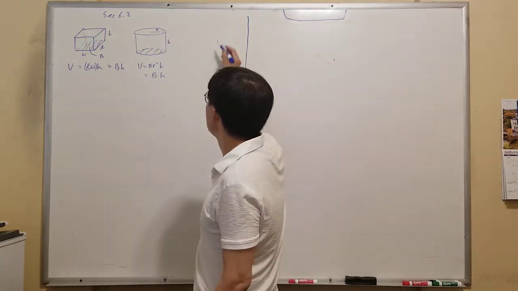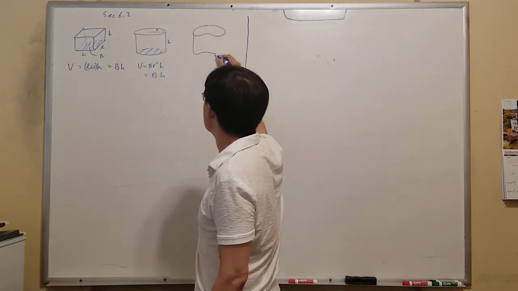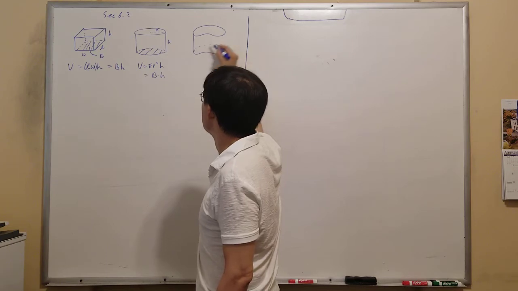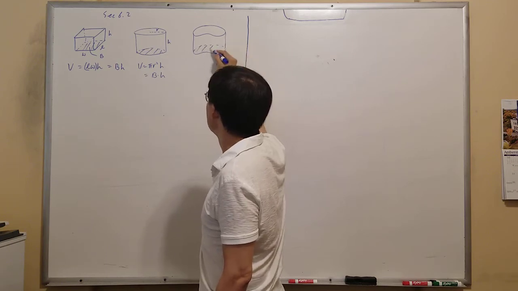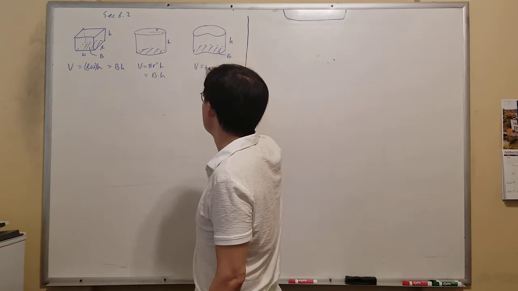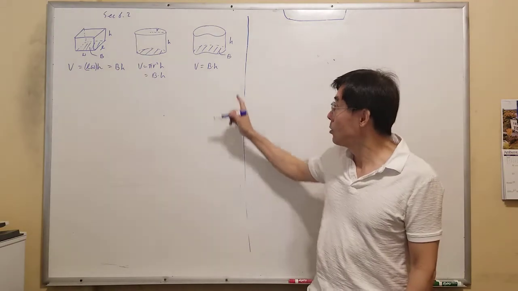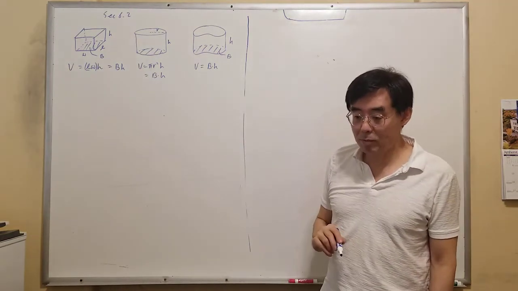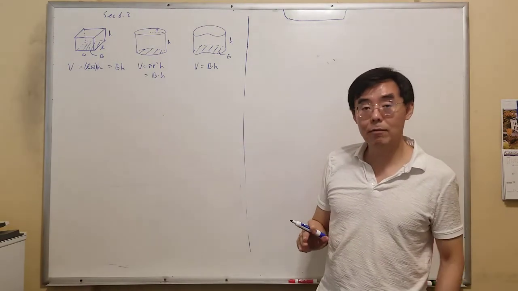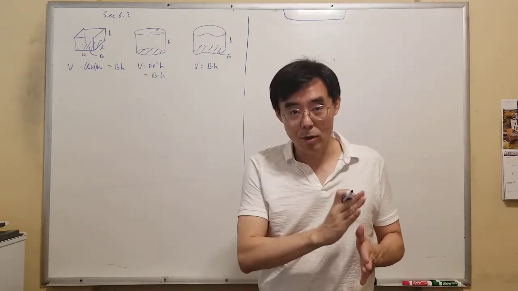In general, if you have a general cylinder, it doesn't have to be circular, and if you know the base area B and height H, your volume will be base area times H. Using this, we want to be able to find the volume of an object whose cross-sectional areas are known.